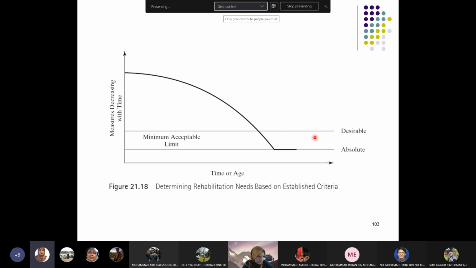Okay, so if you look at this range from this point to this point is considered to be the minimum acceptable limit. Okay, kalau dia falls lower than this, dia dah jadi intolerable. So when it is intolerable, you need to go for rehab works.